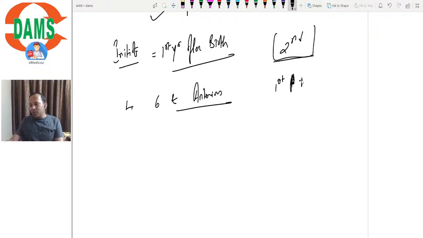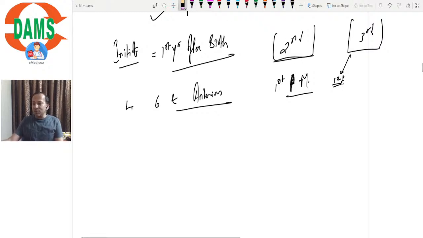Only the first premolars, isn't it? Only the first premolars initiate in the second year of life. In the first half of the third year, very good Bhavna, incisors, first molar and canines, right? Canines also initiate in the first year of life.